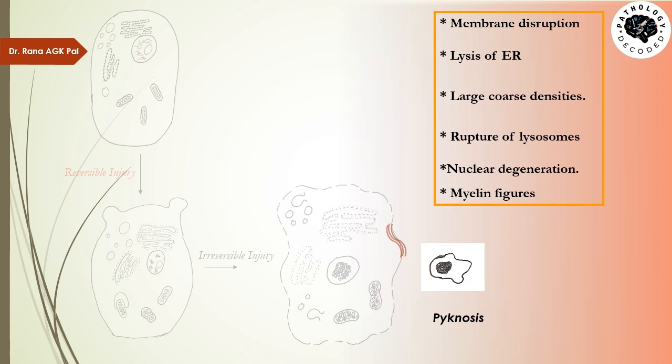Now when we were talking about nuclear degeneration, this nucleus can get damaged in three ways. One, all the nuclear material can become clumped into a small glob. We call that pycnosis. Then that nuclear material can all get dissolved.